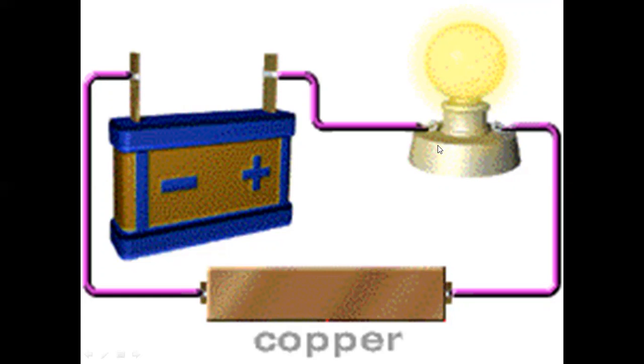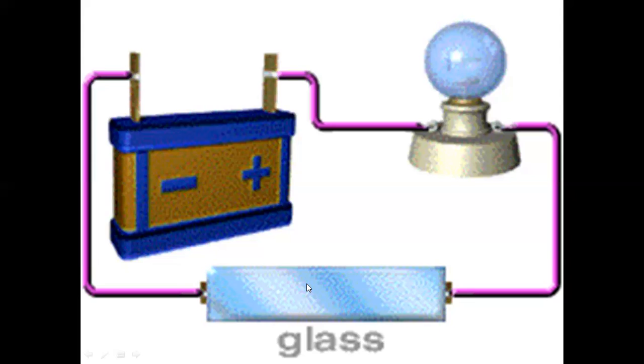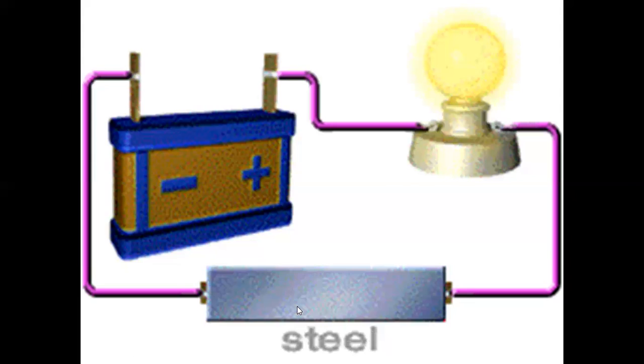And here we take some substance, and now the last part of the end is connected to the negative end of the battery. If we take wood, then we see that the light is off, but if we take copper, then the light is on. If we take glass, that is again off. If we take steel, it is on.